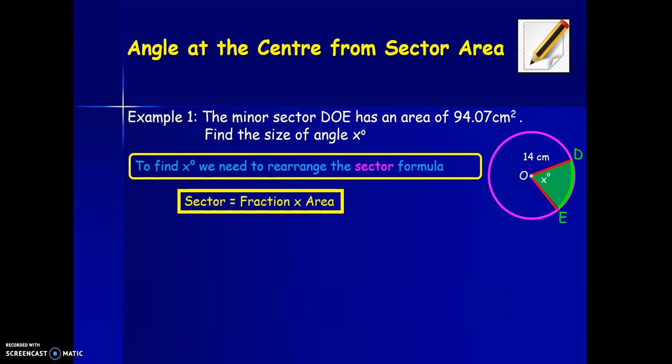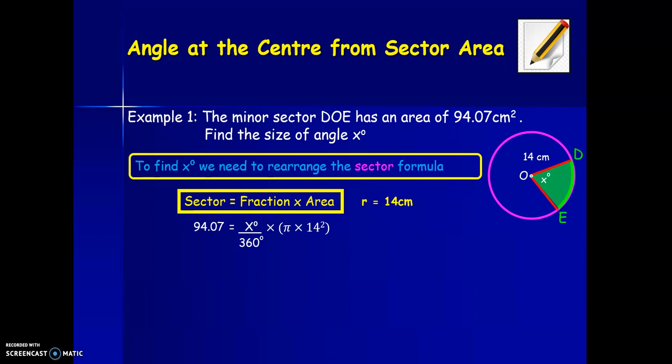So our sector formula was the sector is equal to a fraction times the area. We know the radius of the circle is 14 centimetres. So if we begin to put in our values, we have 94.07 equals X over 360 times our area of the circle, which is pi times the radius of 14 squared.